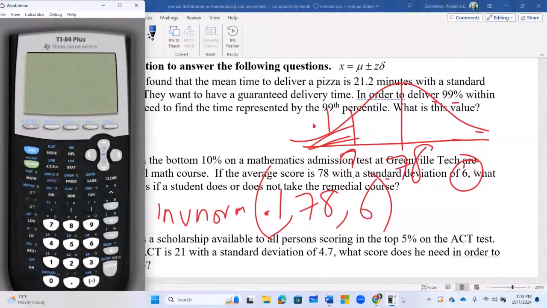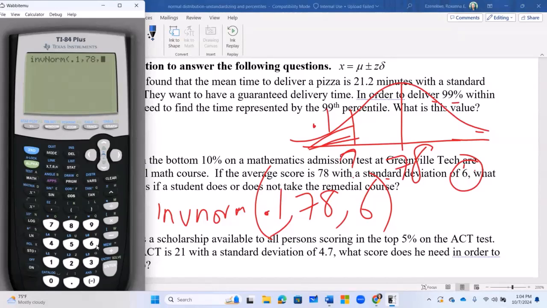I have my calculator brought up here, and I'll go to second, distribution, and then inverse norm, which is number 3. The area to the left is 0.1. The mean is 78.